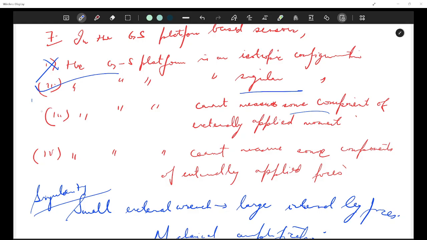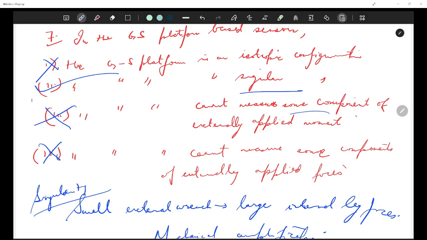So this statement is false. For the fourth option, the same reasoning applies. It is near singular, sensitivity is changing, but measurement is still possible. Complete inability only happens at exact singularity. The sensor operates near singularity, not at full singularity. So this is incorrect.